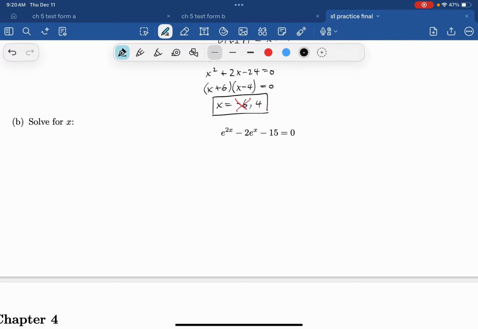All right, here we have a quadratic in terms of e to the x. To make this more clear, you can set y equal to e to the x, which means that e to the 2x is simply y squared. So this becomes y squared minus 2y minus 15 equals 0, or y minus 5 times y plus 3 equals 0.